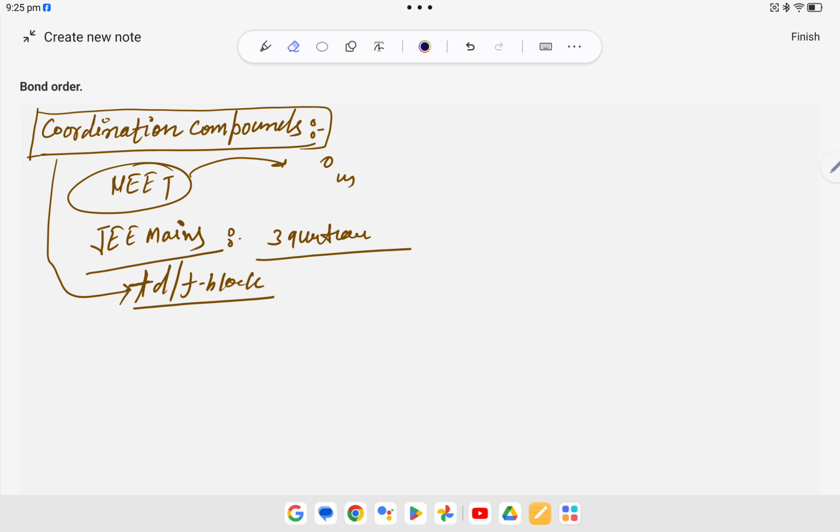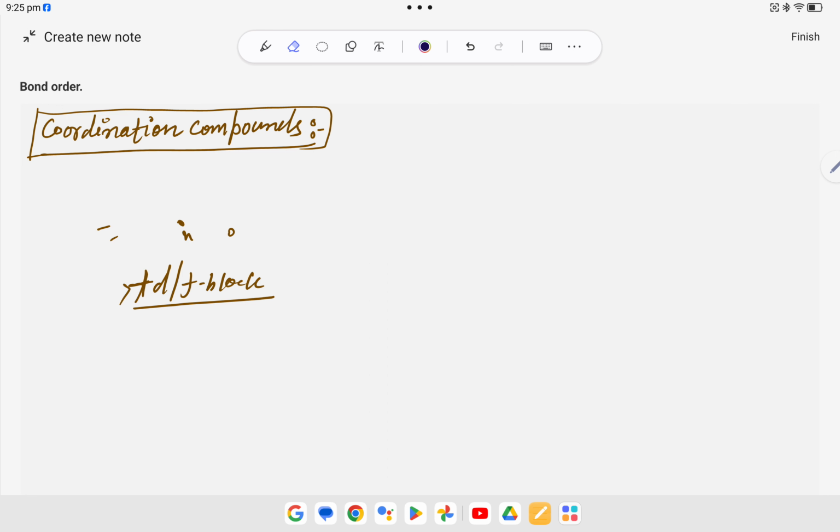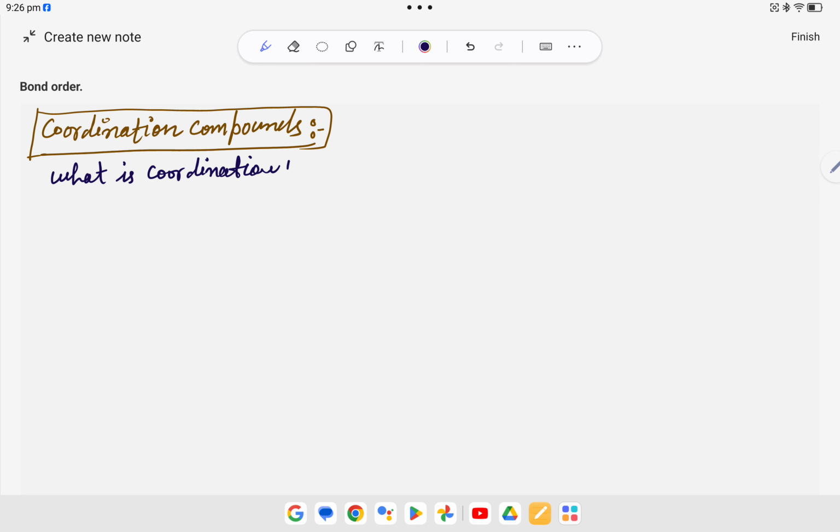So what are the things required in this chapter? See, in the NCERT, children, they started with the Werner theory, but I am not going to start from the Werner theory. Before the Werner theory, you have to be aware of a few things. In that case, the first concept is: what is coordination bond?